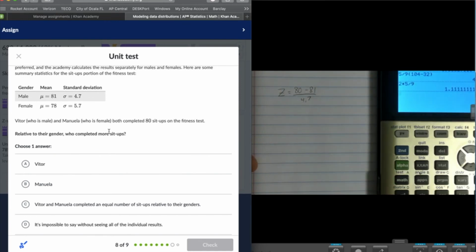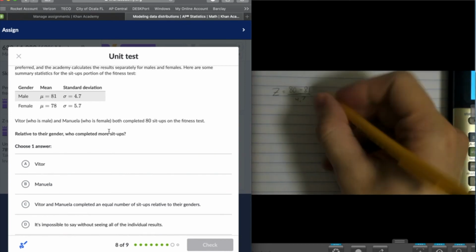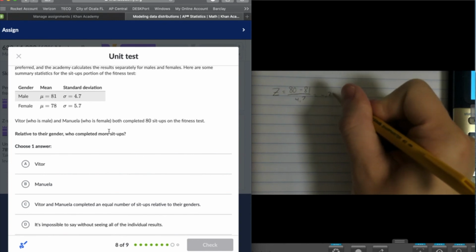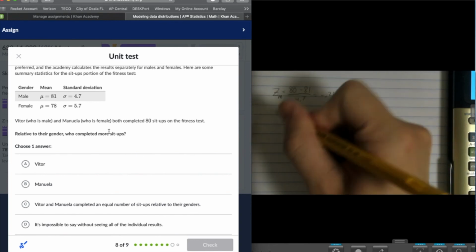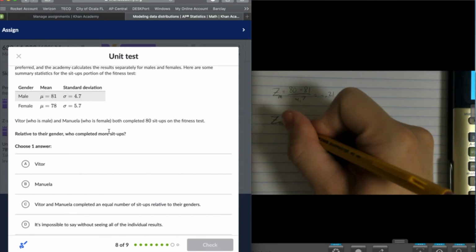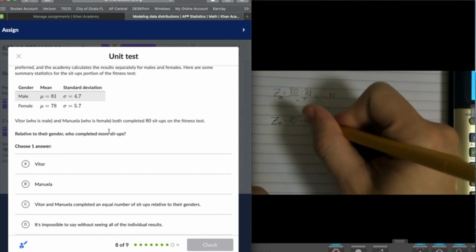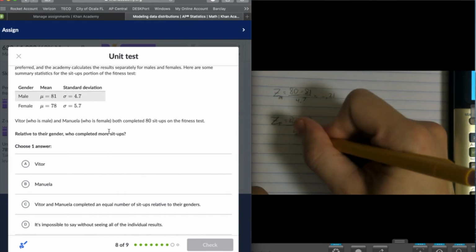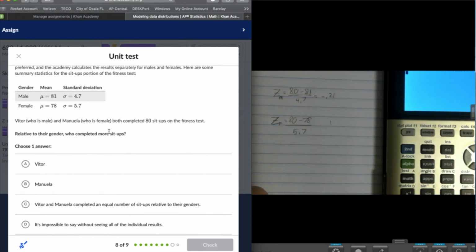We'll calculate what that is. The numerator up top is just going to be -1 when you work it all out, and that's divided by 4.7. So you end up getting a z-score of -0.21. That's for the male. Now the z-score for the female, 80 minus the predicted 78 divided by 5.7.